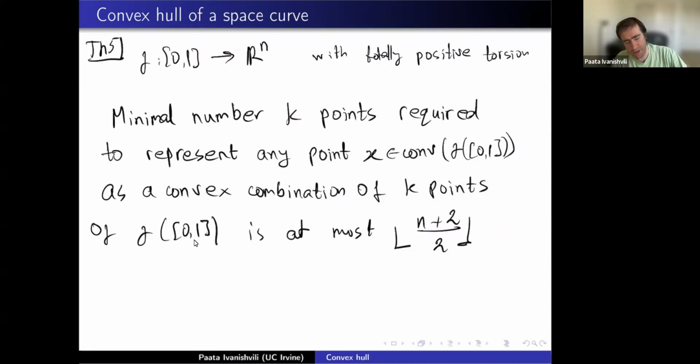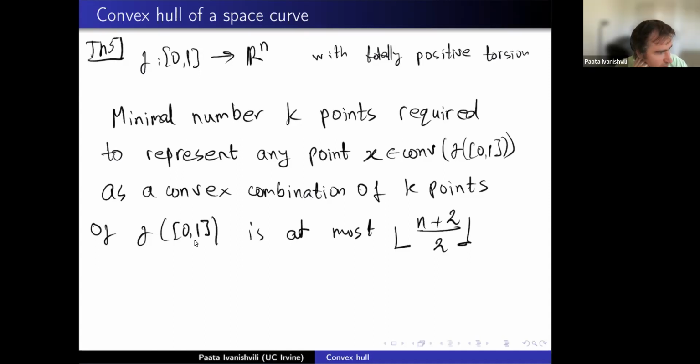Caratheodory's theorem says that if you have a curve in R^n and you look at its convex hull, then every point of the convex hull is a convex combination of at most n plus 1 points. But this theorem tells you that you actually need only about n over 2 points, with the integer part, the floor function. Totally positive torsion is a very strong assumption. Then you really need n over 2 points, you don't need n plus 1 points, so you can significantly improve that number.